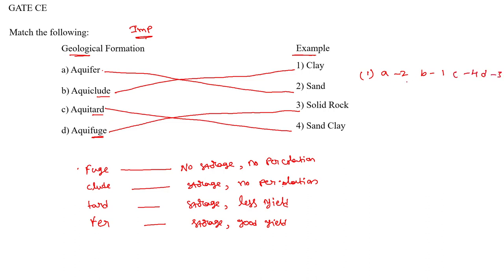In this case you can go with elimination. Fuge is easy to remember. Fuge means nothing, like in electrical terms, a fuse: no storage, no percolation. And aquifer is easy to remember. If you know these two terms, by elimination you can reach the right answer. I hope it will help. Just try, because I never tried it that way.